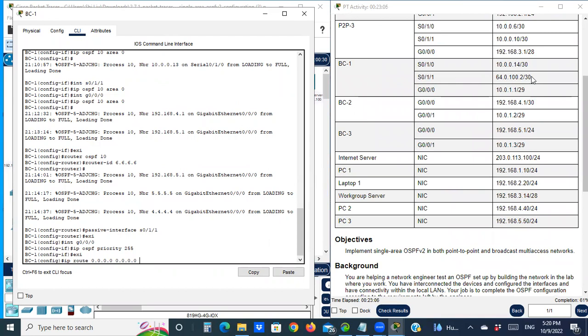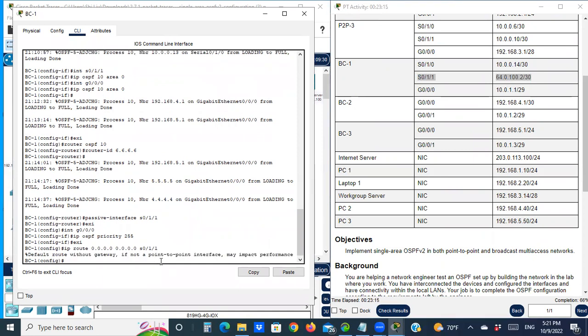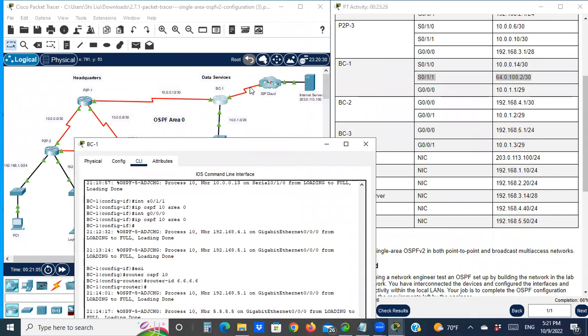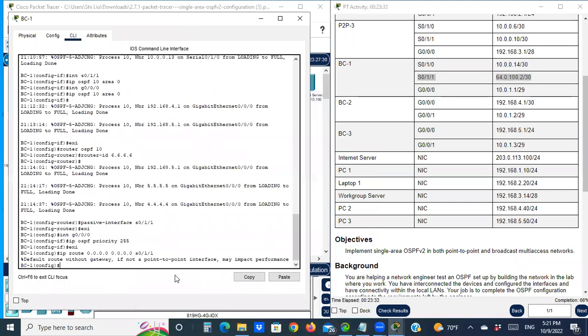BC1 is this one, connected to the internet. So S0/1/1. All right, so a default route without a gateway, if not a point-to-point interface, may impact performance. But this link is a point-to-point, so we ignore this warning. So this is the default route. This is the exit interface.